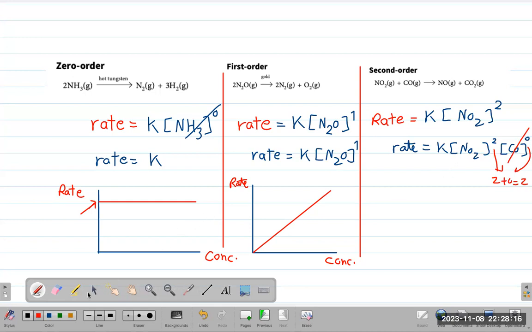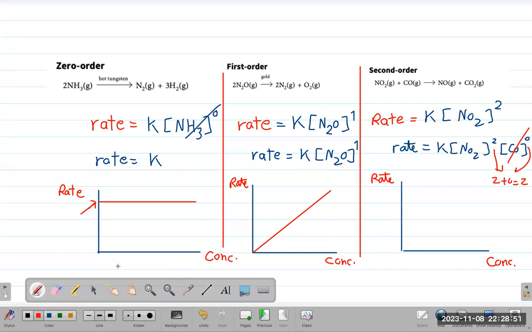This time, if you make a curve between the concentration and the rate of the reaction, it's going to look totally different, like we drew it in the previous paper. Why is that? Because the rate of the reaction will depend on the change in the concentration of this reactant, but it will give you a different shape. It's directly proportional to the square of the concentration of NO2, not directly proportional to the concentration.